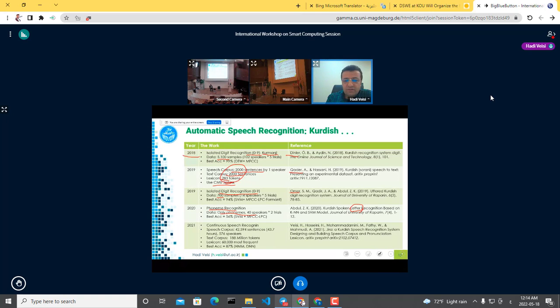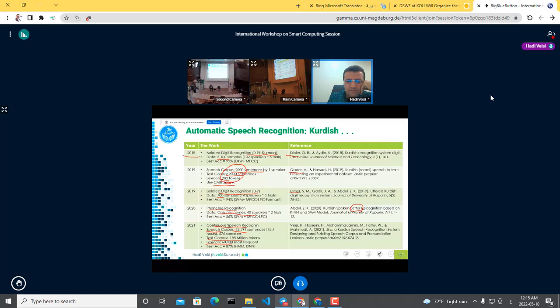Maybe the most important work in developing a continuous speech recognition system for Kurdish is this work in which a large speech corpus and also a large text corpus are collected, and also a manually corrected lexicon, in order for some commercial speech recognition applications to be provided.